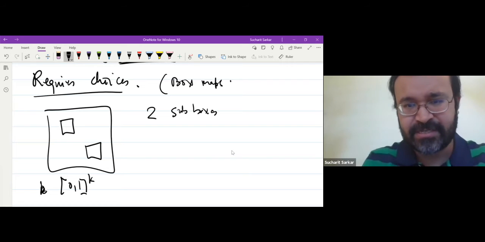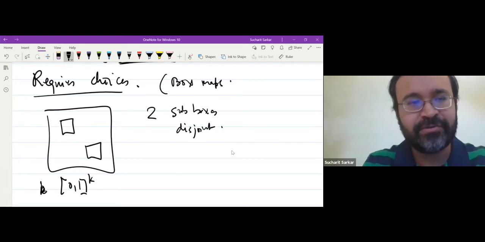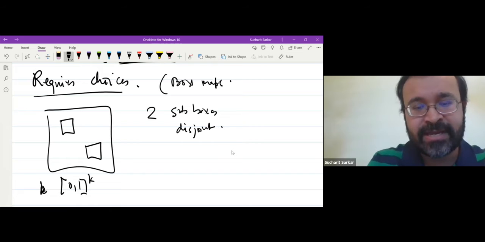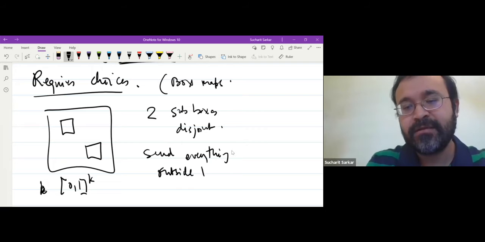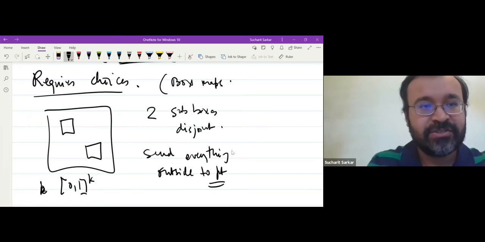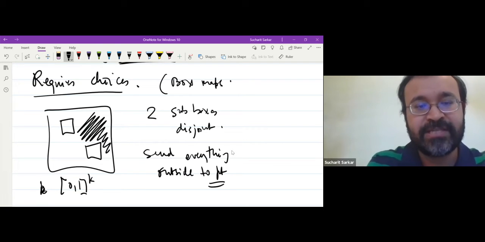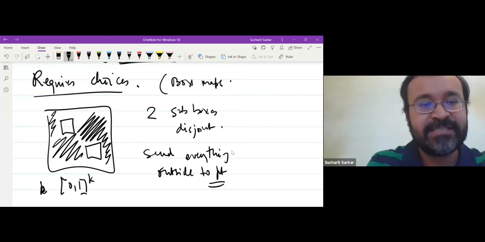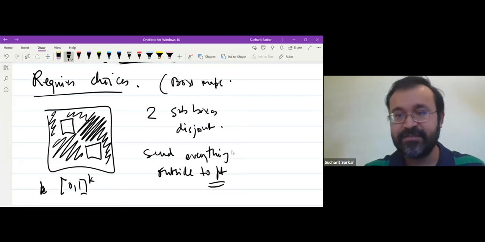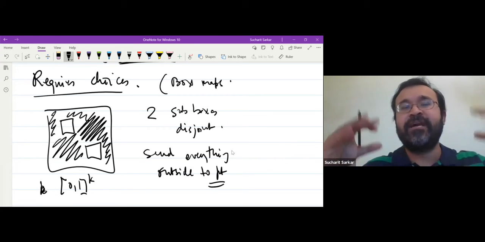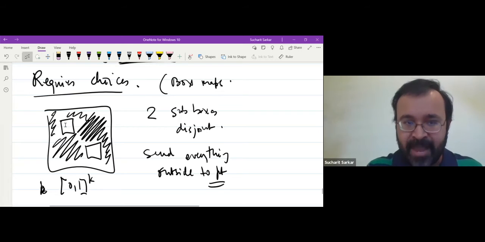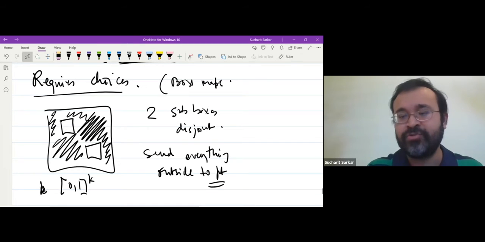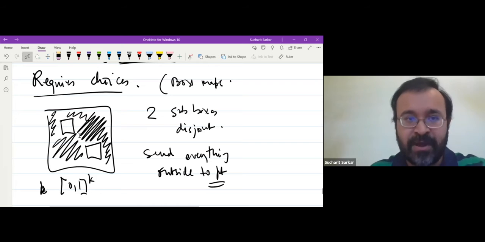I really want to stress that they are disjoint. Once you have that, you can send everything outside the 2 boxes, this entire black thing, to a point. Just collapse it. So take a box, 2 sub-boxes, send everything outside to a point, and that will map these 2 boxes to 2 spheres.